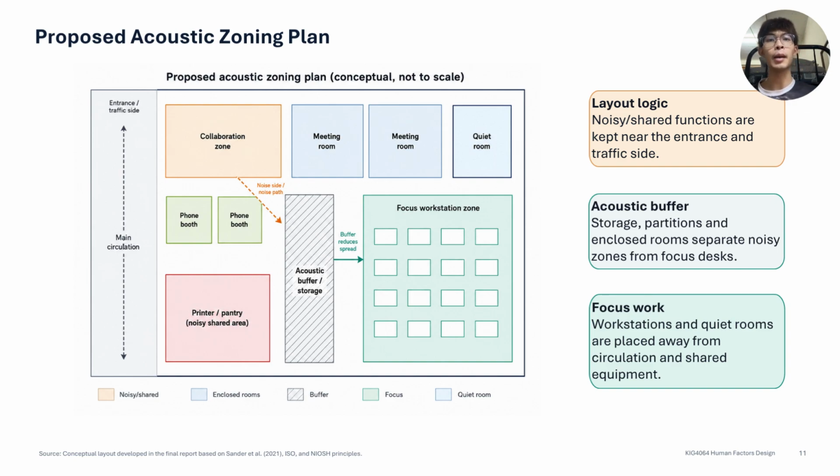The focus desks are placed deeper inside the office, away from the circulation and shared equipment. A quiet room is also located close to the focus zone for tasks that require higher concentration. This is a conceptual layout rather than a construction drawing. Its main purpose is to demonstrate acoustic zoning.